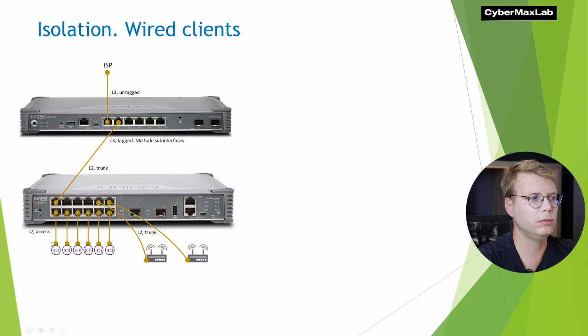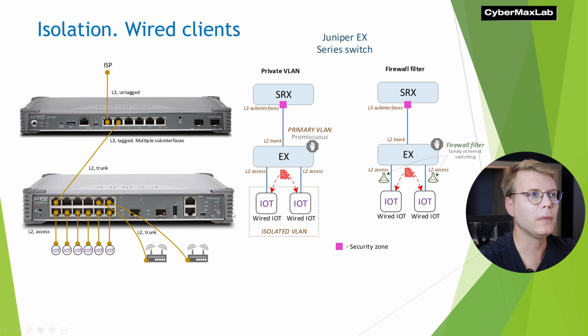You can have more devices connected to it, right? Plus, you can utilize security features of the Juniper EX switch, which in combination can give you better results. And this is, again, just a couple of options which we can use on a Juniper EX switch. We can use private VLANs. In this case, again, it's powered by EX.